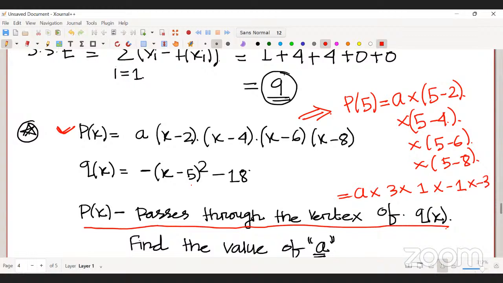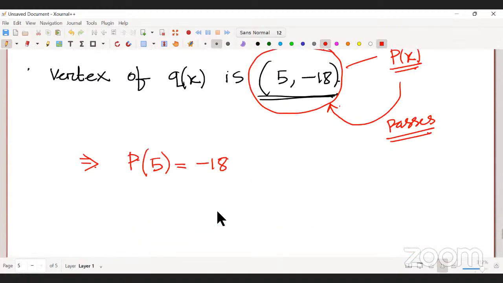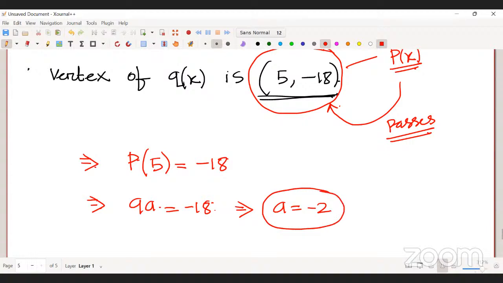So p of 5 is 9a. That means 9a equals minus 18, so a equals minus 2. This is how you can compute the value of a.